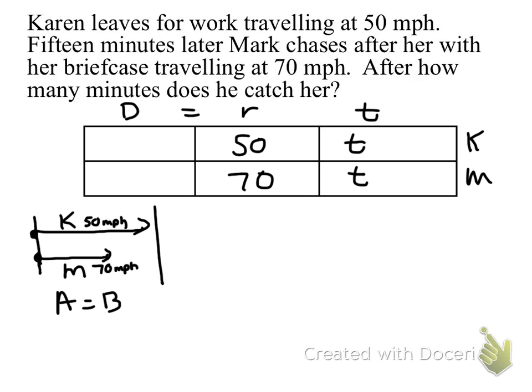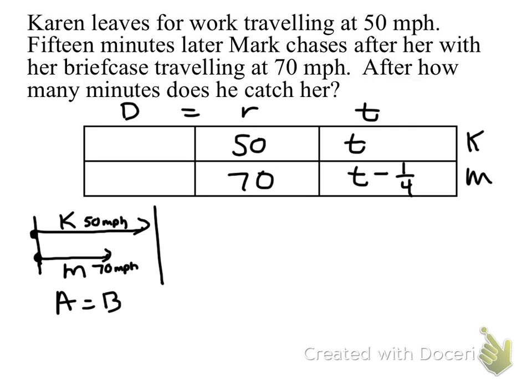It's a quarter. So what is it going to be? T minus 1/4. Good. So now Mark, in relation to Karen, is the same amount of time minus 1/4 the time, because 15 minutes is 15 out of 60. That reduces to 1/4. You could have done decimal too. It doesn't matter.